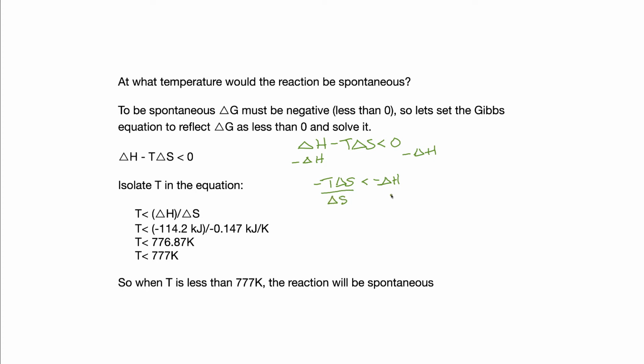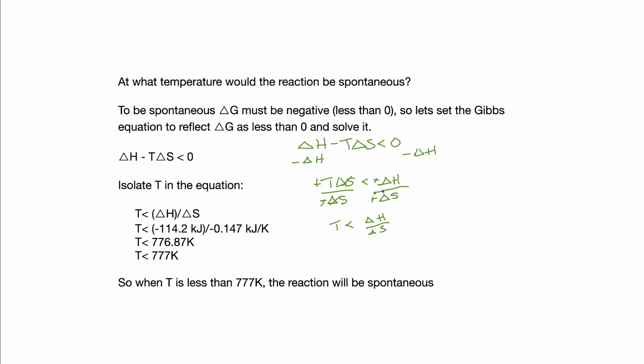by entropy. Now, we can get rid of this negative sign here. We bring it along. So those would cancel. That cancels. Leaving temperature is less than enthalpy divided by entropy.